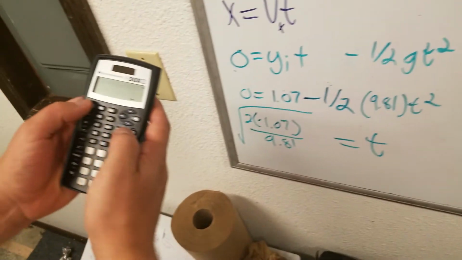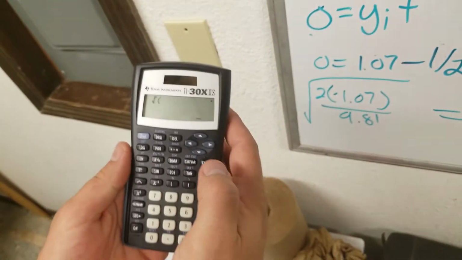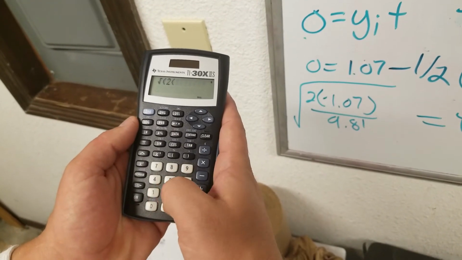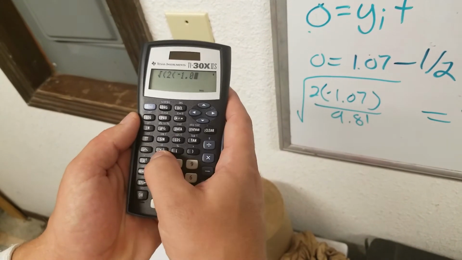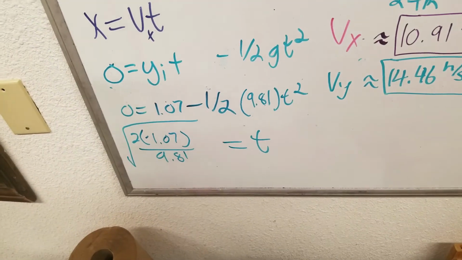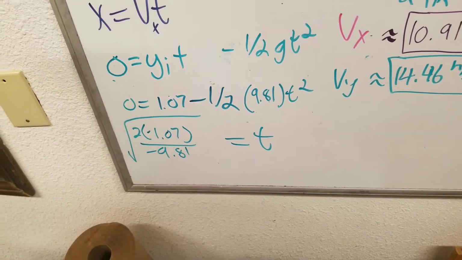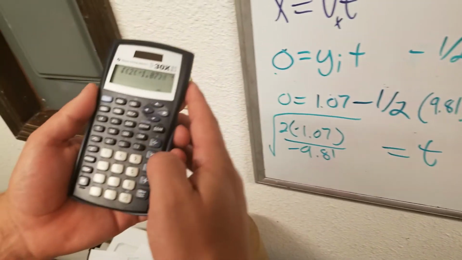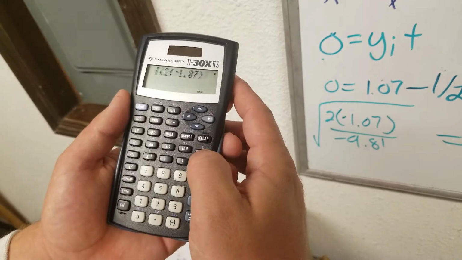So on the calculator, we're going to go square root of 2 times negative 1.07. Simple. Oh, by the way, gravity was negative too, right? So let's keep that negative. At the end, this is all going to become positive, right? Negative divided by negative. But I'll keep everything straight in here, like I'm supposed to.